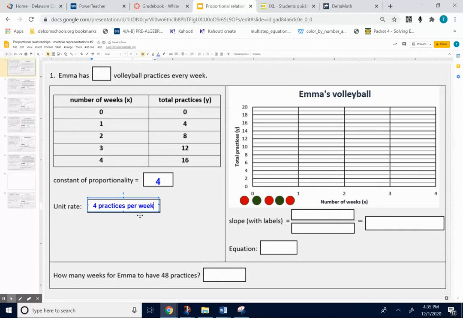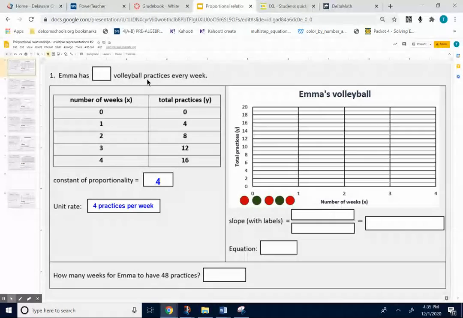Stick the labels on. And we can go do the rest of the problem now. Look at the sentence I started with, right by the problem number up at the top, number 1. Emma has blank volleyball practices every week. That's got to be 4. We just figured that out.